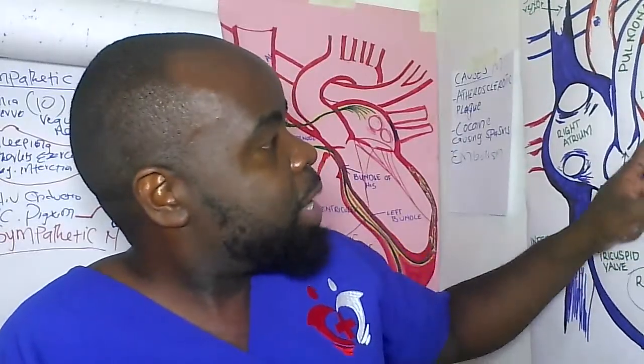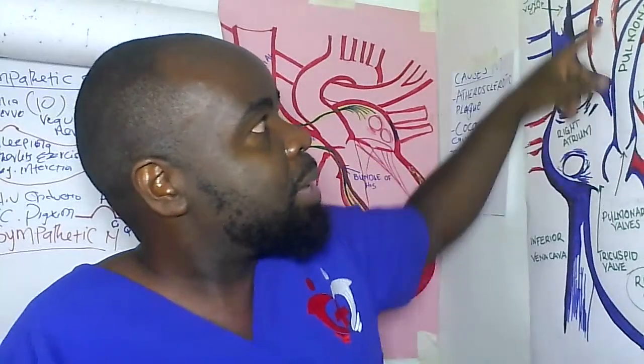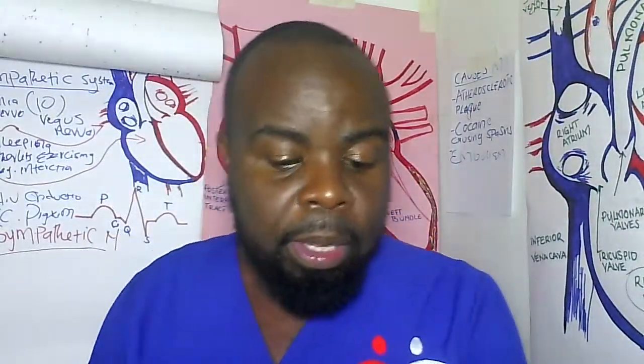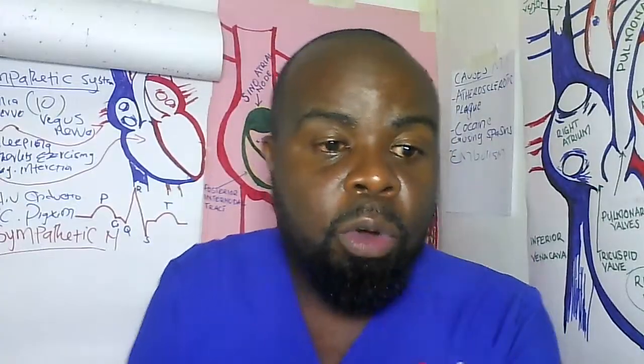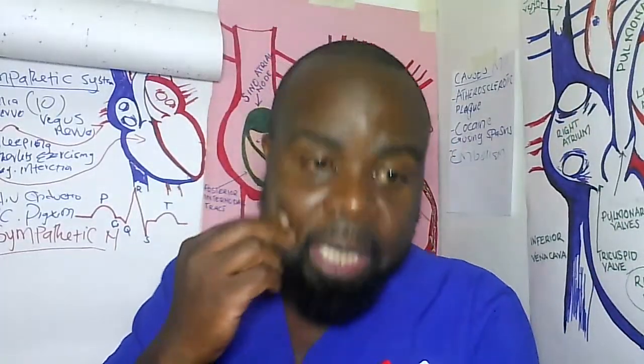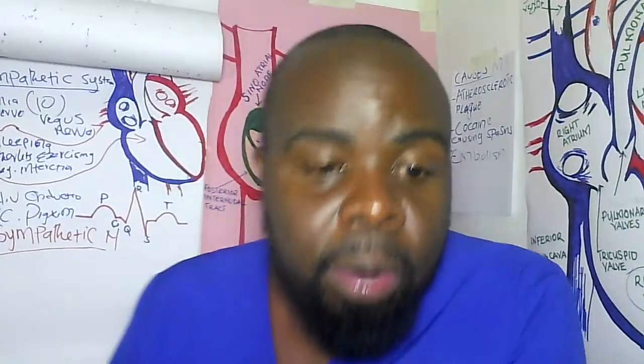It now gets a way to go round to the pulmonary artery, and a way to go to the aorta. So the problem is when the foramen ovale and ductus arteriosus don't close after some time.